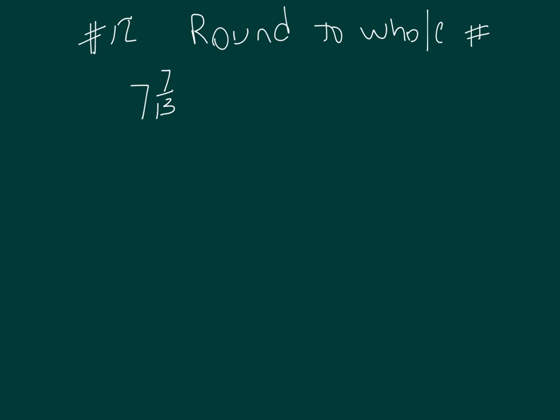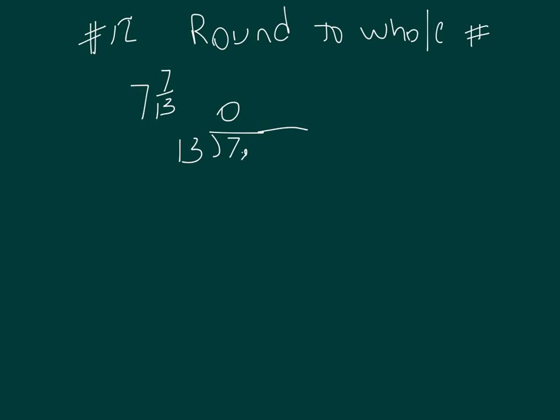Now, the way to do this, the hard way, would be to actually convert the 7/13 to a decimal, where you would do 13 goes into 7, and it goes into 7 0 times.